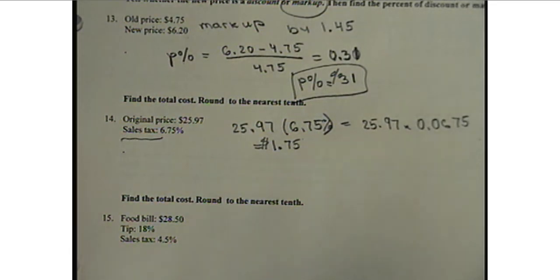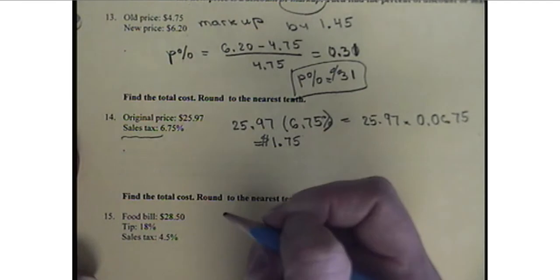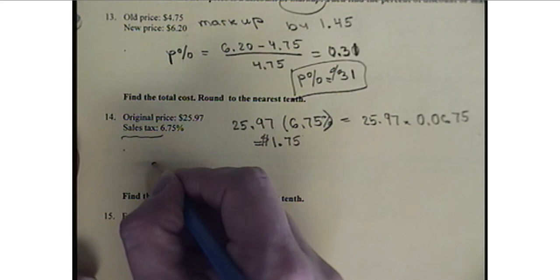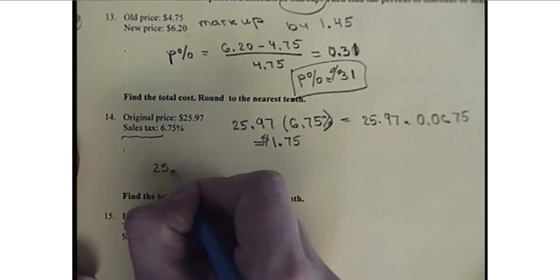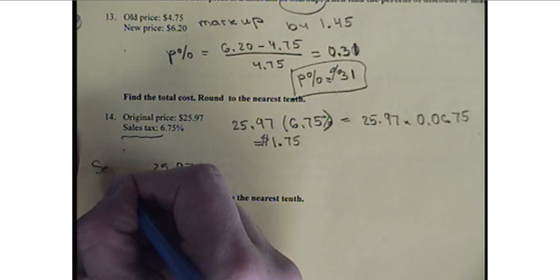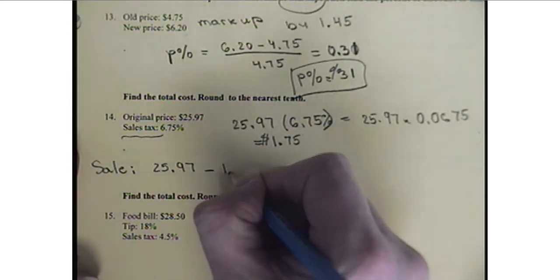But they are asking us the total cost before the sale price. So basically what we need to do is find 25.97, the original price, minus $1.75.